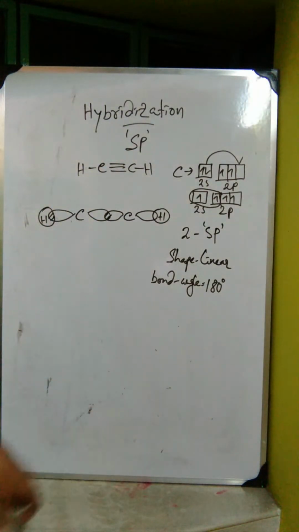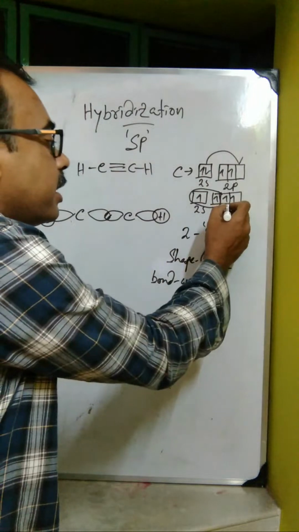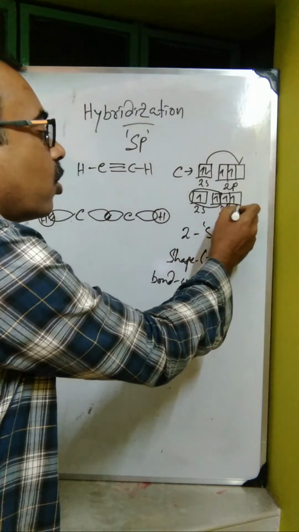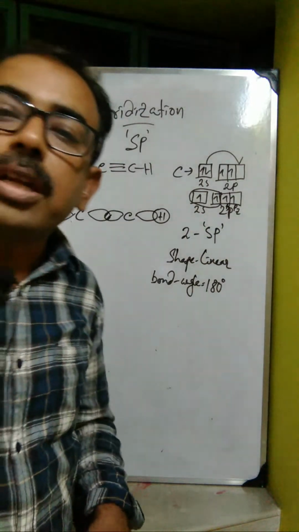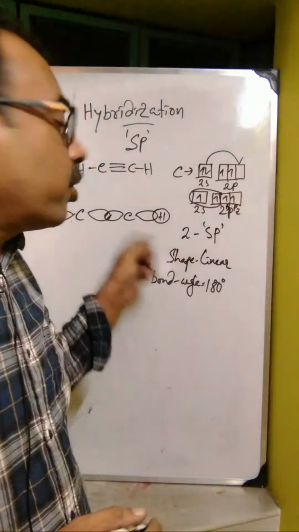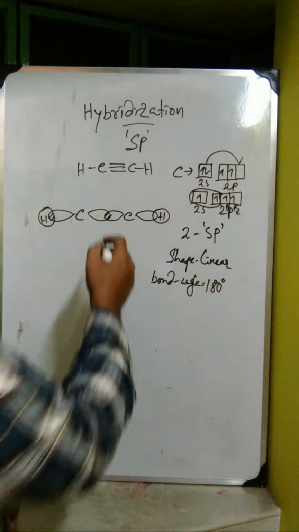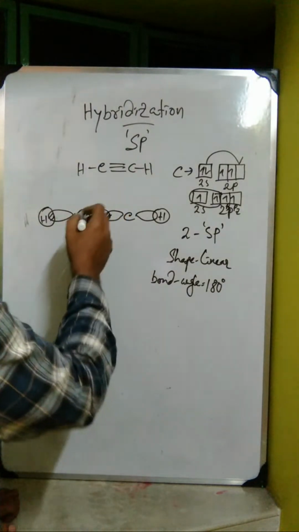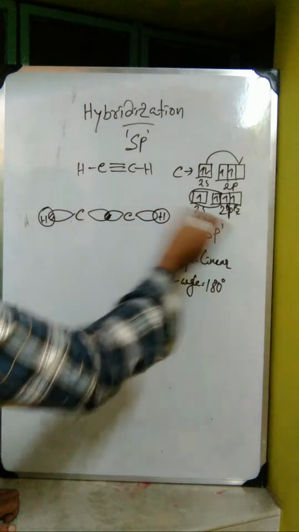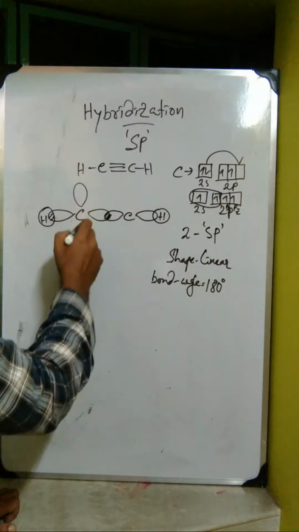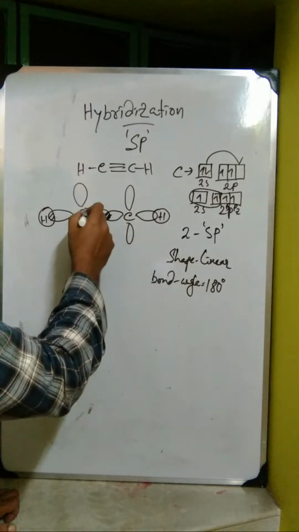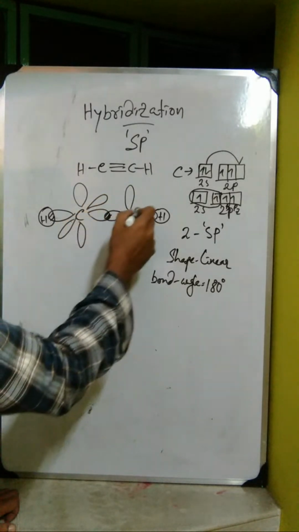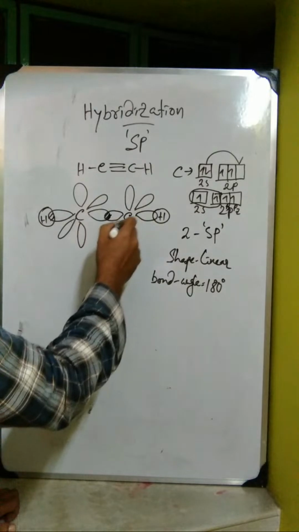Now after formation of this, the py and pz orbitals still remain in the unhybridized state. Now if the bond axis is the x-axis, then the unhybridized orbitals like py and pz are perpendicular to it.